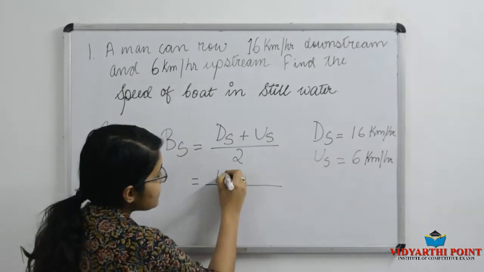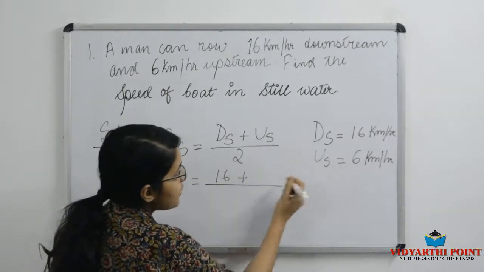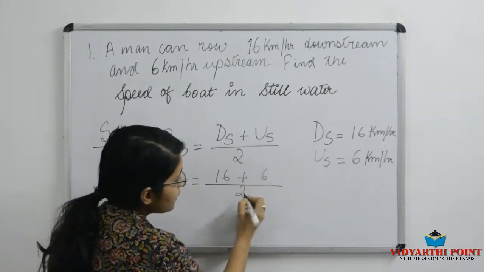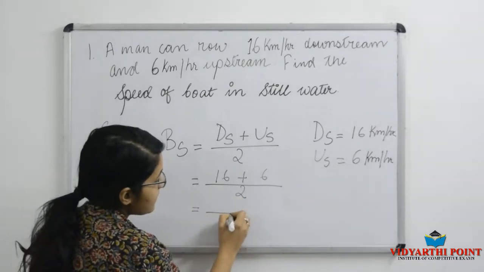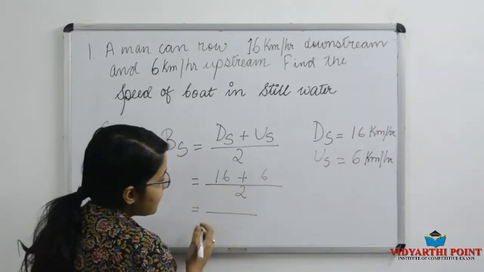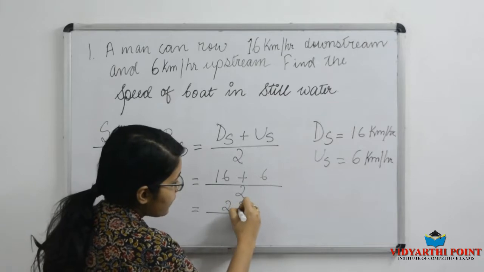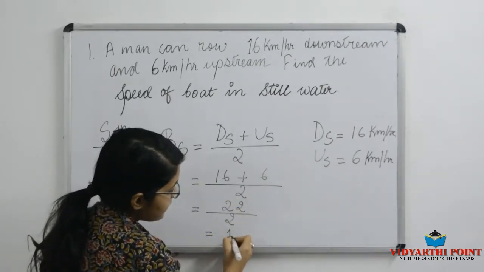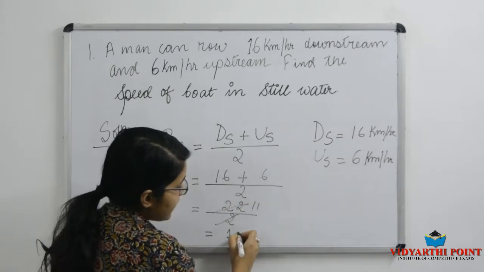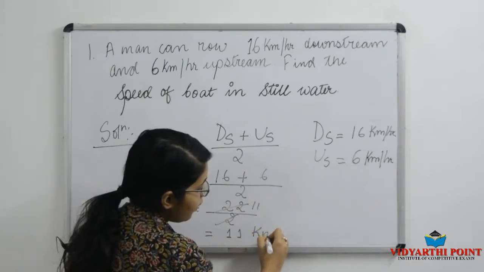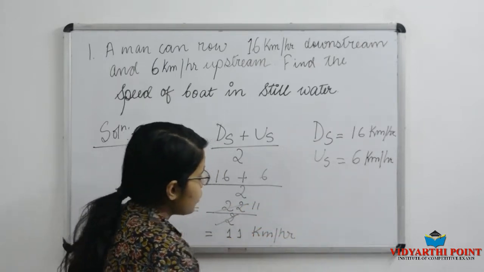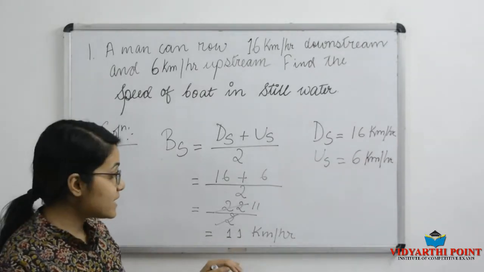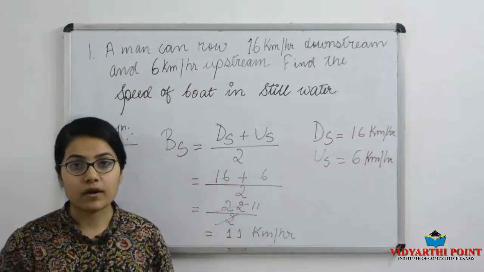Downstream 16, upstream 6, whole divided by 2. 16 plus 6, we will get 22, divided by 2, that is 11 kilometer per hour. So, the speed of the boat is 11 kilometer per hour.